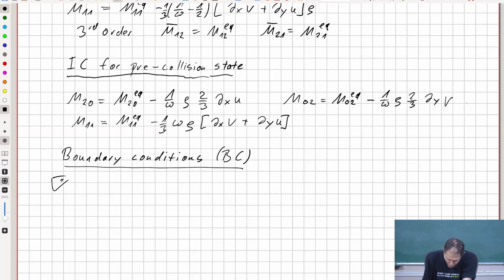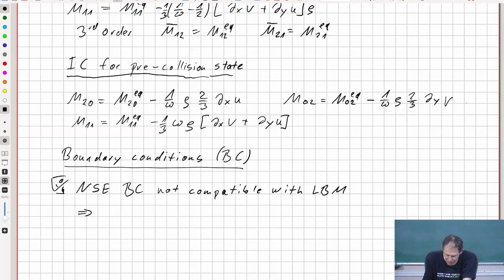And here the important thing is that the boundary conditions that we have for the Navier-Stokes equation are not consistent or not compatible with the LBM, because LBM requires more information.